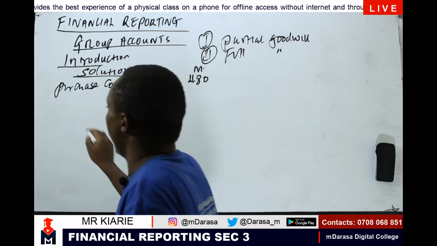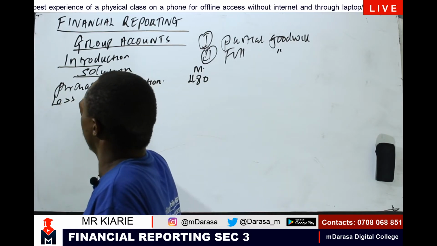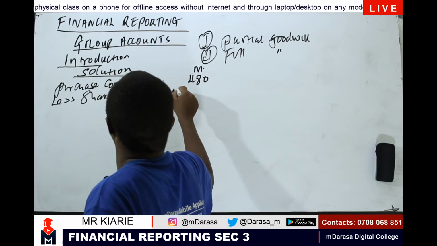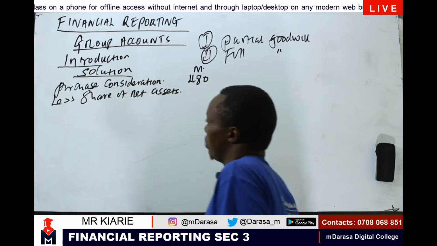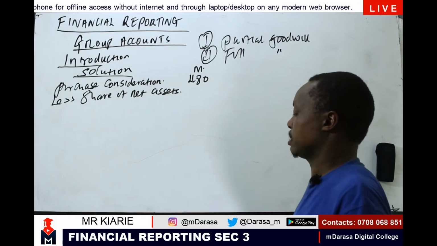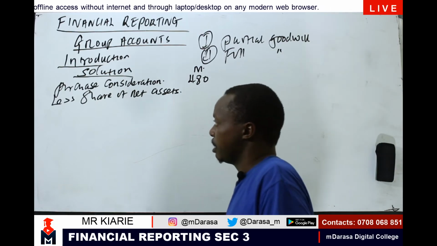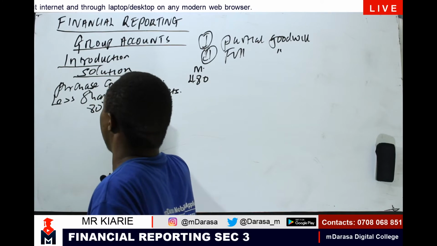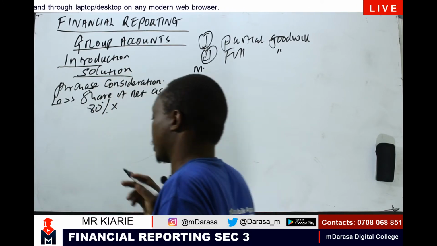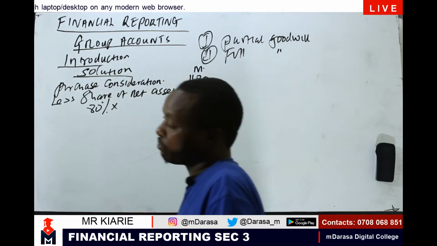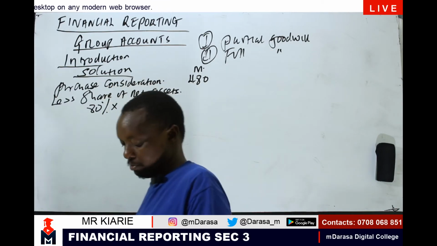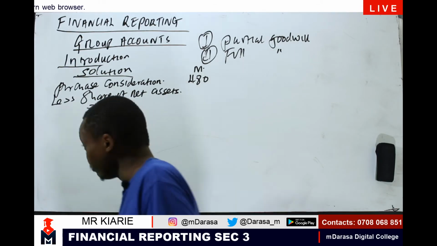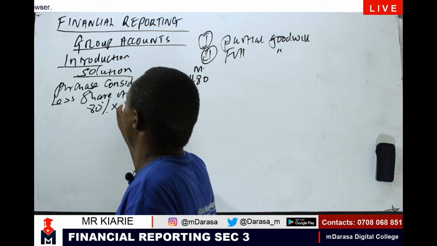Million. Our figures are in millions. Then we less share of net assets of Kubwa Limited. Remember, we only control 80% of the value of the net assets of the subsidiary. The total value of the net assets of the subsidiary stands at how much? At 500.